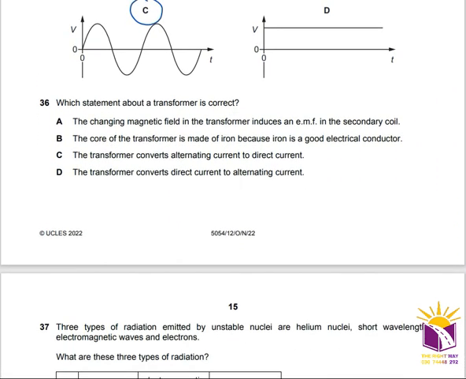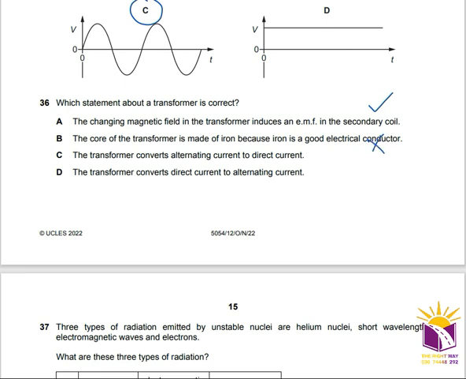Question 36. Which statement about a transformer is correct? The changing magnetic field in the transformer induces an EMF in the secondary coil. Yes. We change the magnetic field of the transformer in the primary coil and it induces an EMF in the secondary coil. The core of the transformer is made of iron because iron is a good conductor.